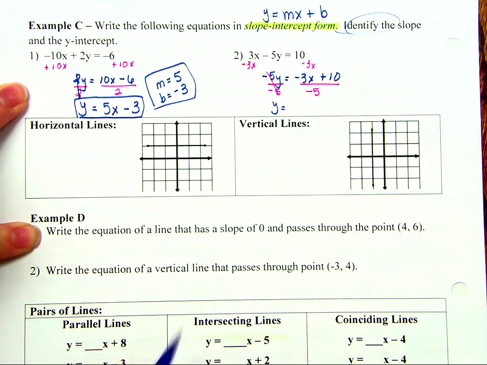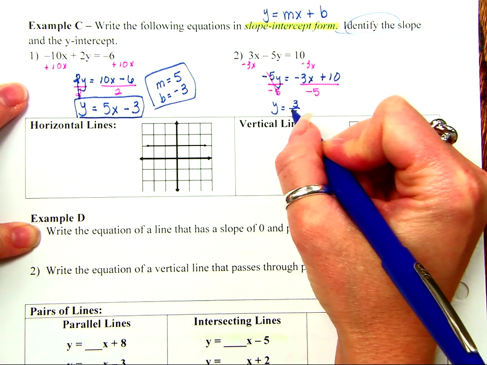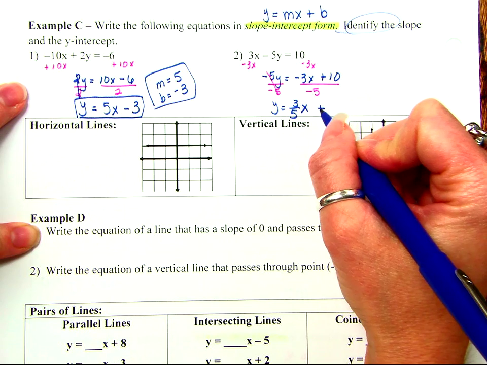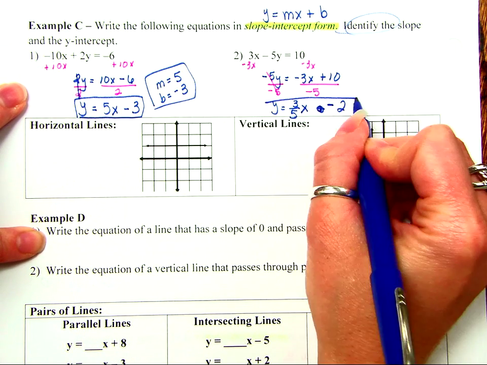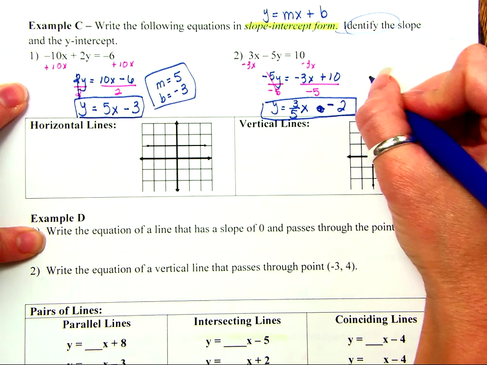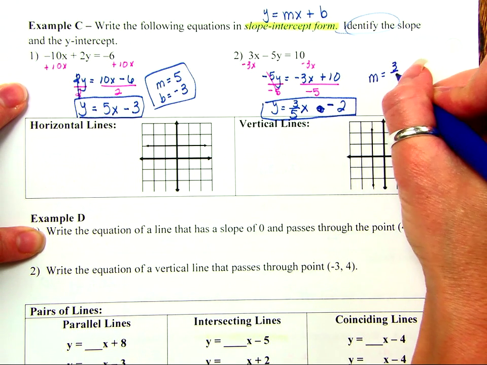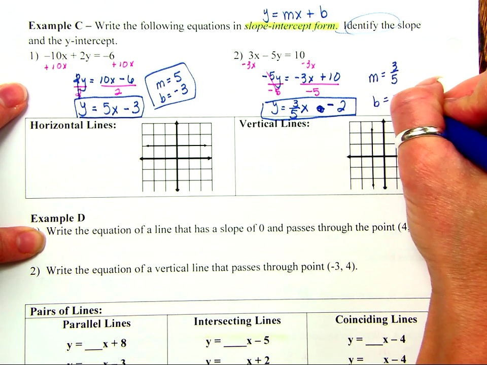So when I have a negative 3 divided by negative 5, that's actually going to give me a positive 3/5. 10 divided by negative 5 is going to give me a negative 2. Identifying my slope and y-intercept, I can see my slope is positive 3/5, and my y-intercept is negative 2.